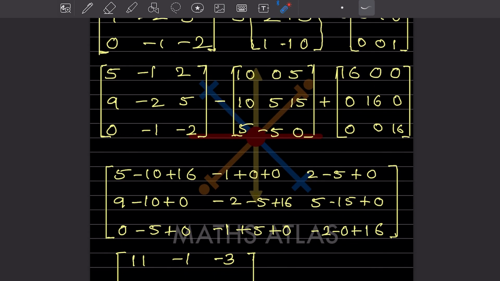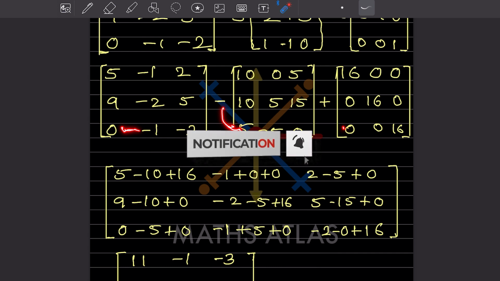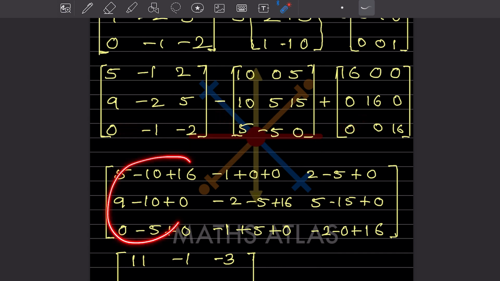So now look at here. Now you will take this one. This is minus, so you will take here 5 minus 10, and this is plus 16. So here we go 9 minus 10 plus 0. Then from here 0 minus 5 and here 0. So this is completed.